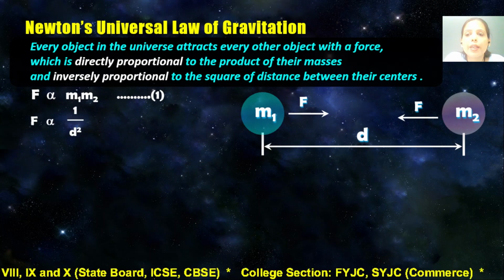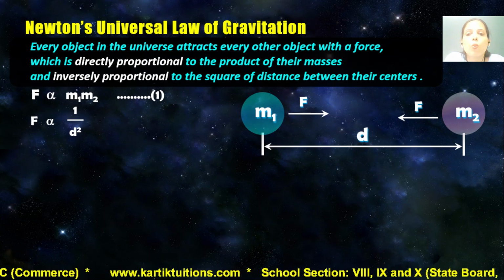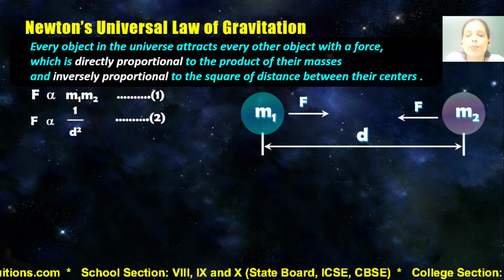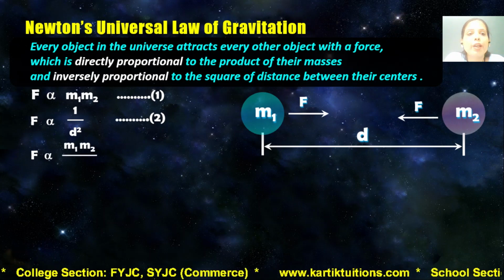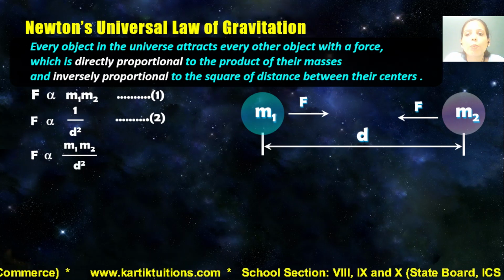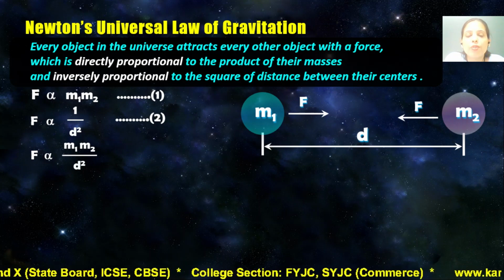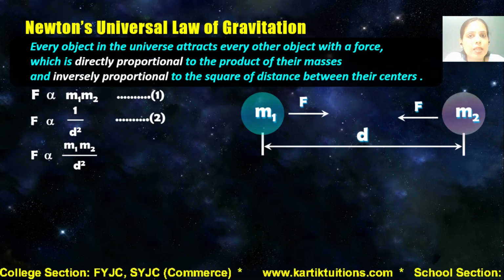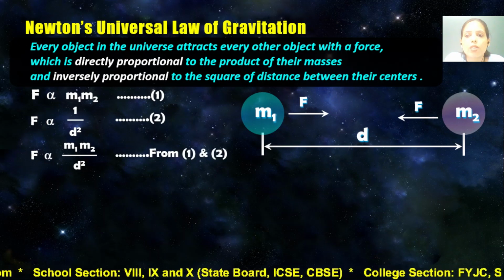So this is our second equation, where it states F is inversely proportional to 1 upon d square. When I combine equations 1 and 2, we get F proportional to m1 m2 upon d square. Now in order to give an equation, we need to remove the proportionality sign, so we insert a constant.